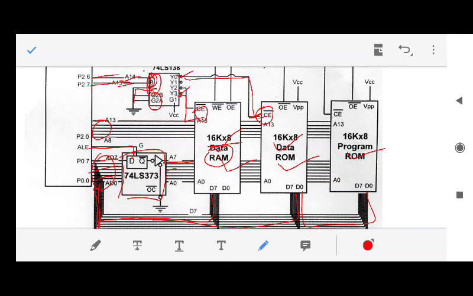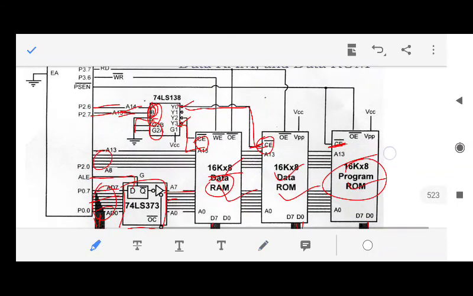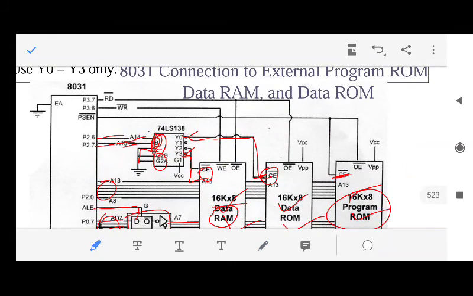Fine. And the chip enable signal of the program ROM would be connected to program store enable. Yes, both the output enable pin and the chip enable pin should be connected to program store enable. And since you are using one as ROM, what kind of ROM?